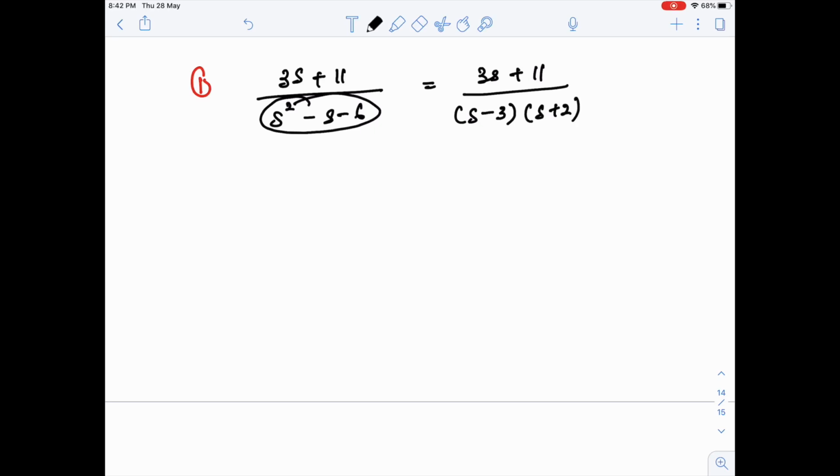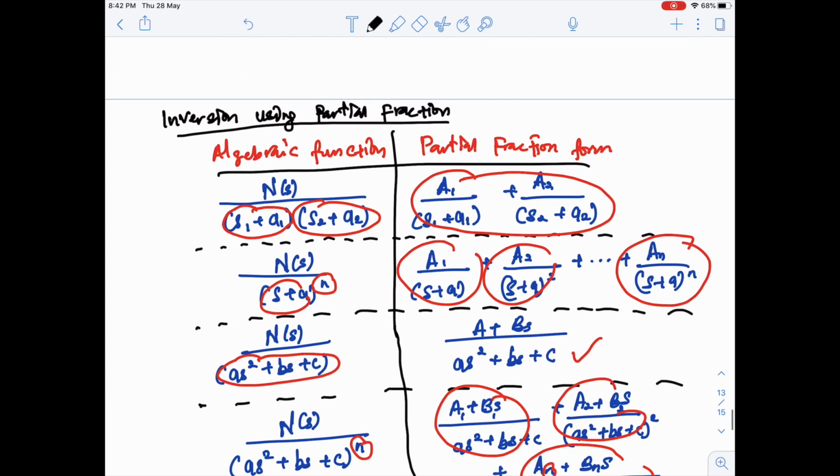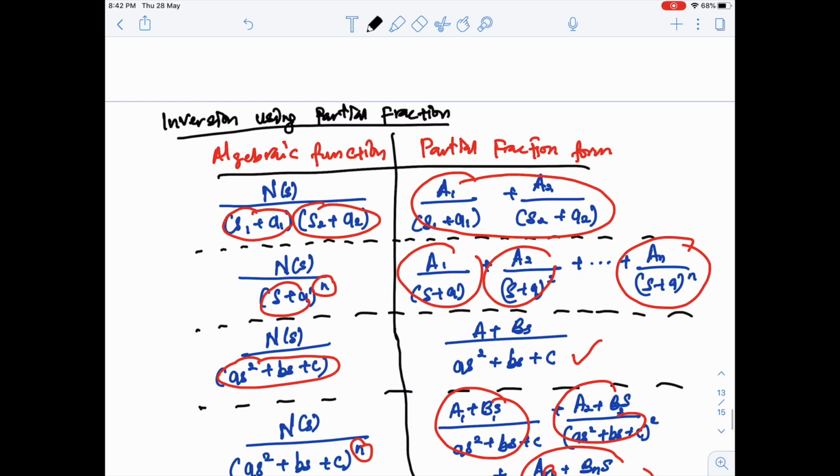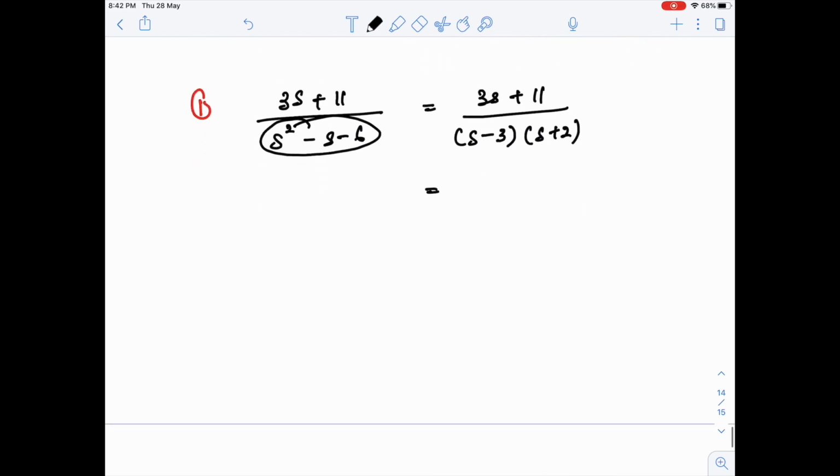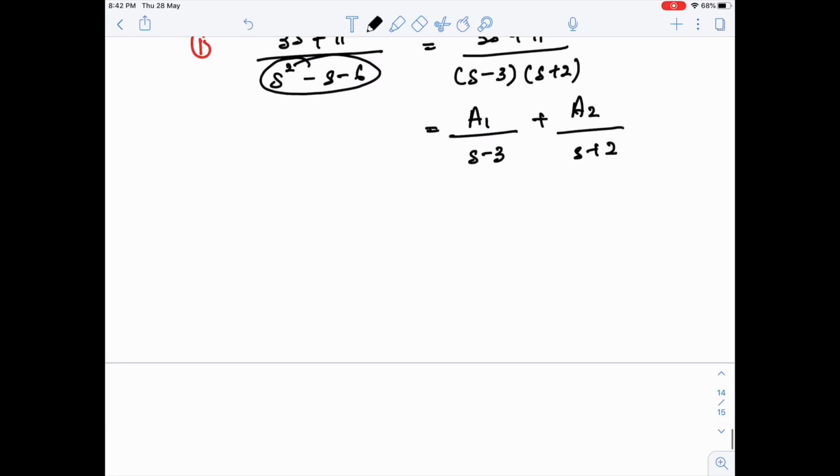According to the table, it's the first case, where we can replace it with a1 over (s minus 3) plus a2 over (s plus 2).